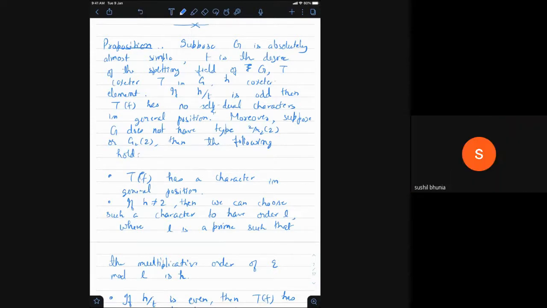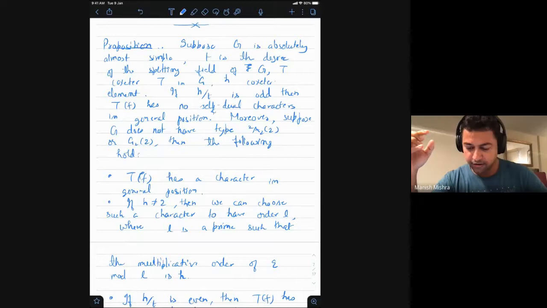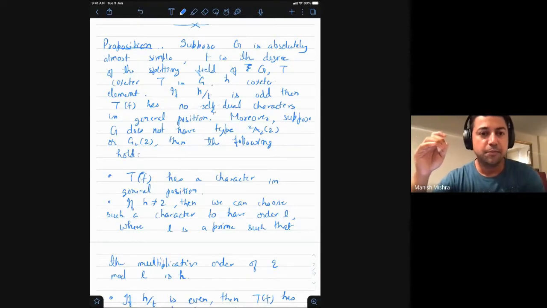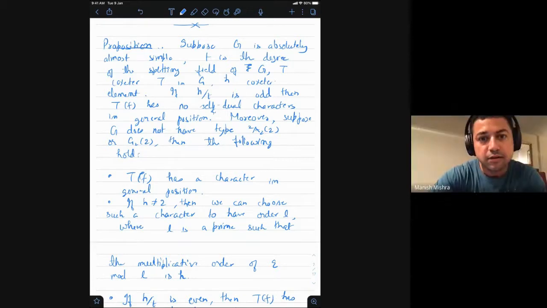So for 3D4, what is the Coxeter number? Like, what is h for this? I can look it up quickly in this table.